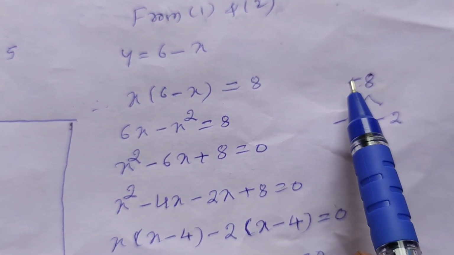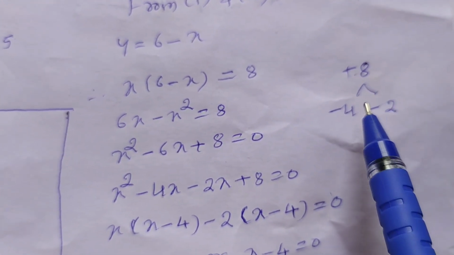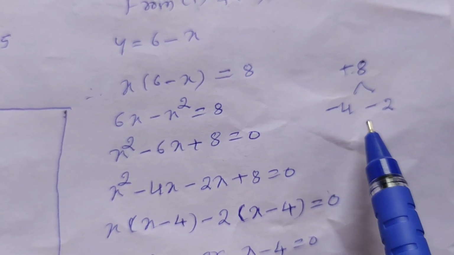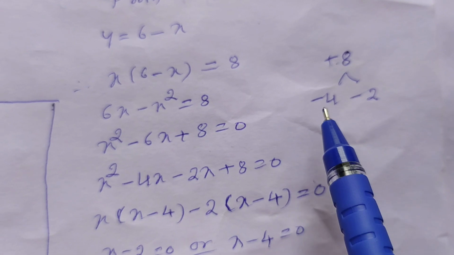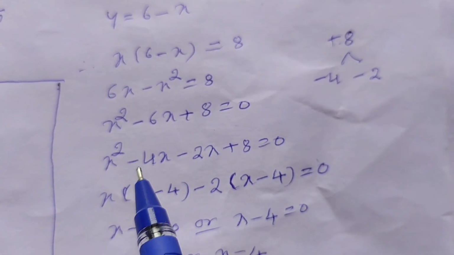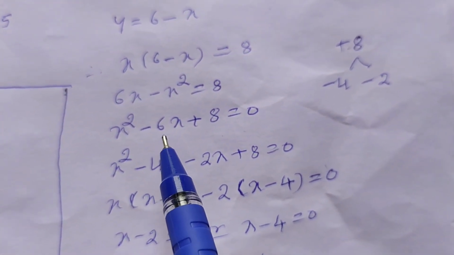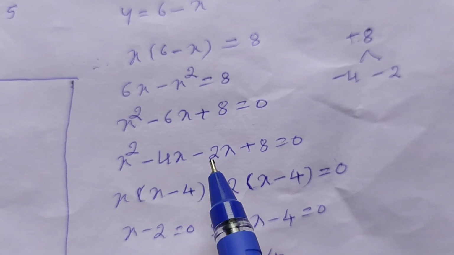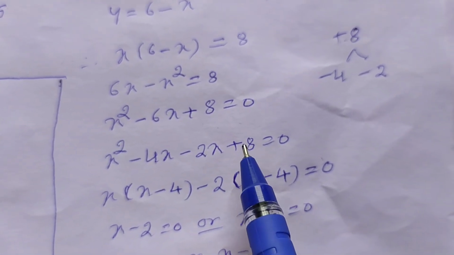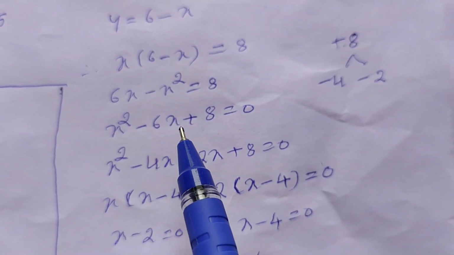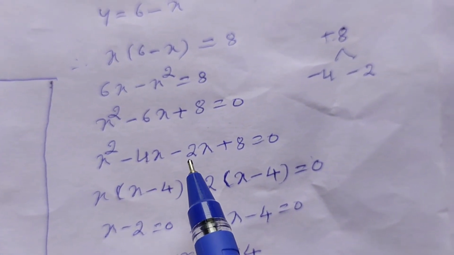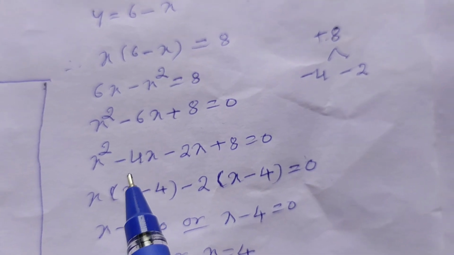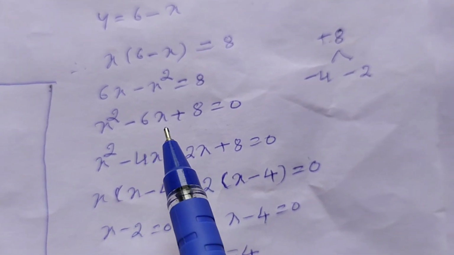Minus into minus is plus, 4 into 2 is 8, and minus 4 minus 2 is minus 6. The sum of two negative integers is always negative. Therefore, minus 4 and minus 2. That is splitting the minus 6x as minus 4x minus 2x plus 8. Minus 4x minus 2x is nothing but minus 6x.